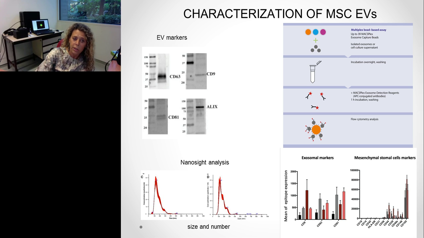It's very important to show that those vesicles express typical exosomal markers and that they also express markers of the origin, such as the mesenchymal stromal cell markers that we can see here, such as CD29, CD146, CD105. And on the other side, there is another instrument that allows us to count the number of particles in a supernatant and to analyze their mean size.